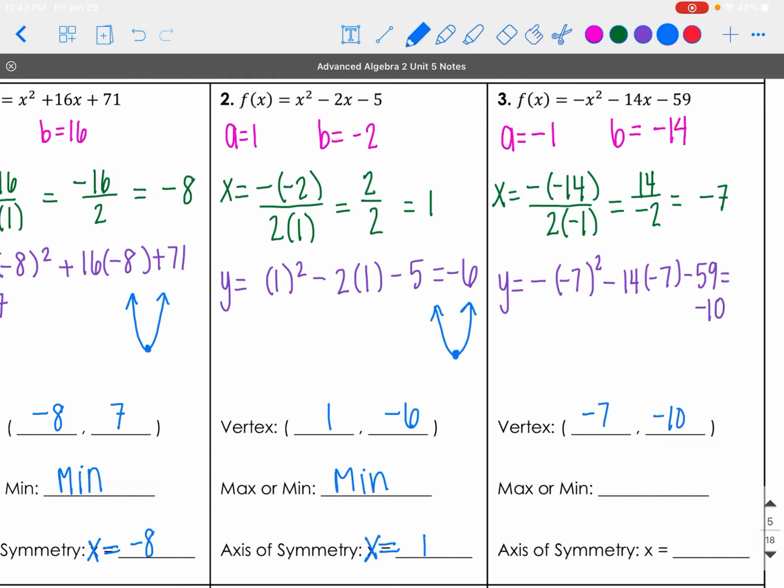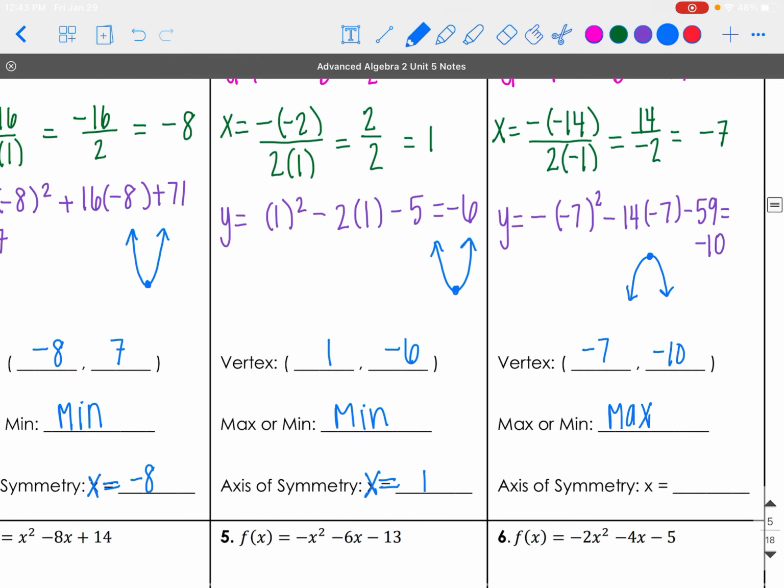This time my a value was negative, so the parabola points down. So my vertex is at the top. It's a maximum. And the axis of symmetry is x equals negative 7.